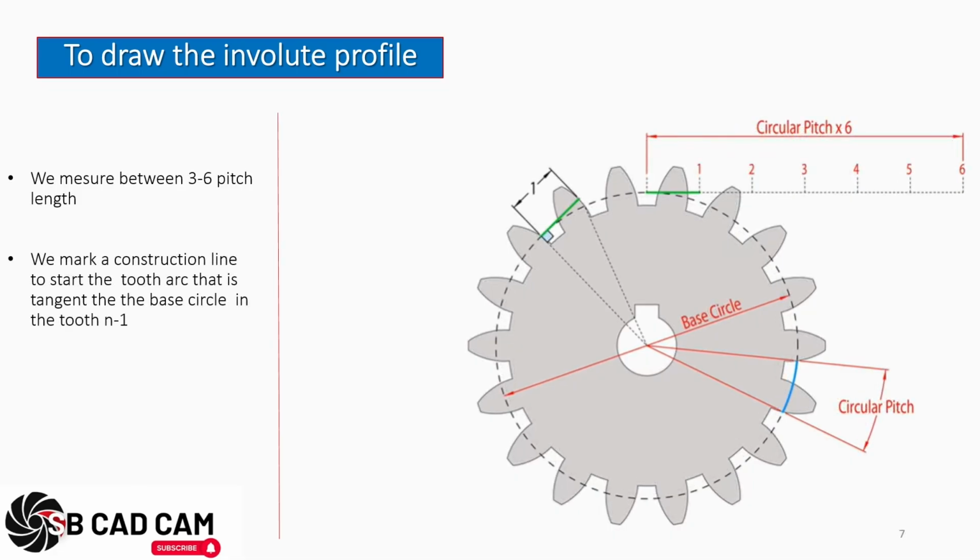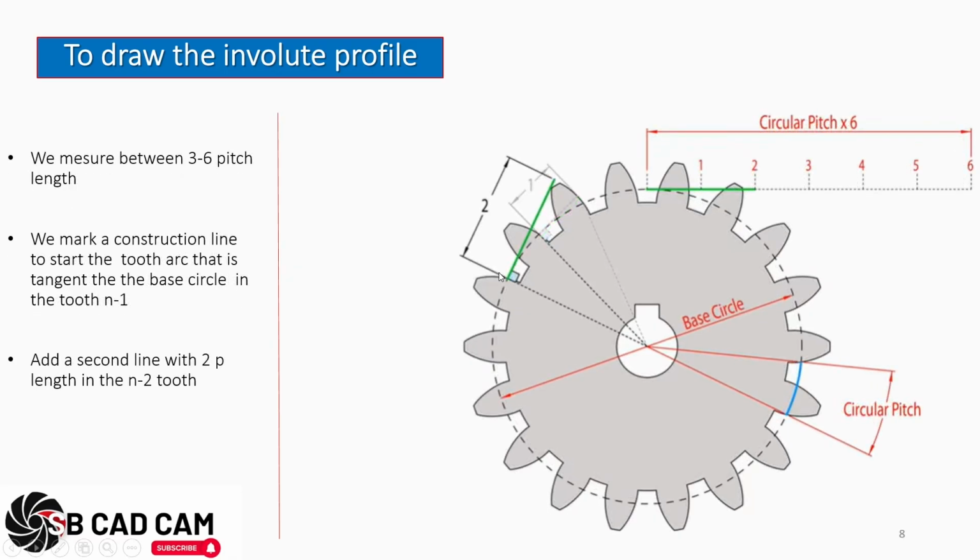Then we mark in the n-1 tooth a construction line to start the tooth arc that is tangent to the base circle. So we will draw a line that is tangent to this base circle. Then we will do the same thing.